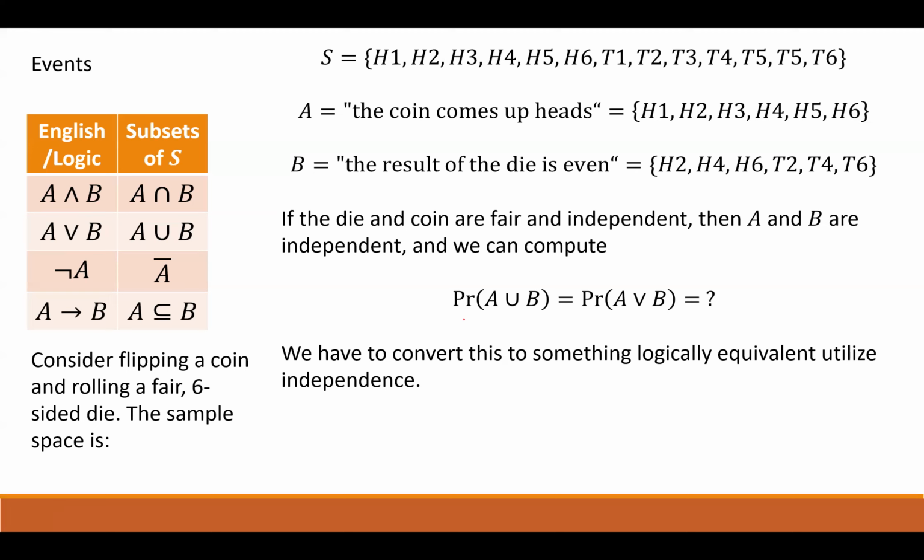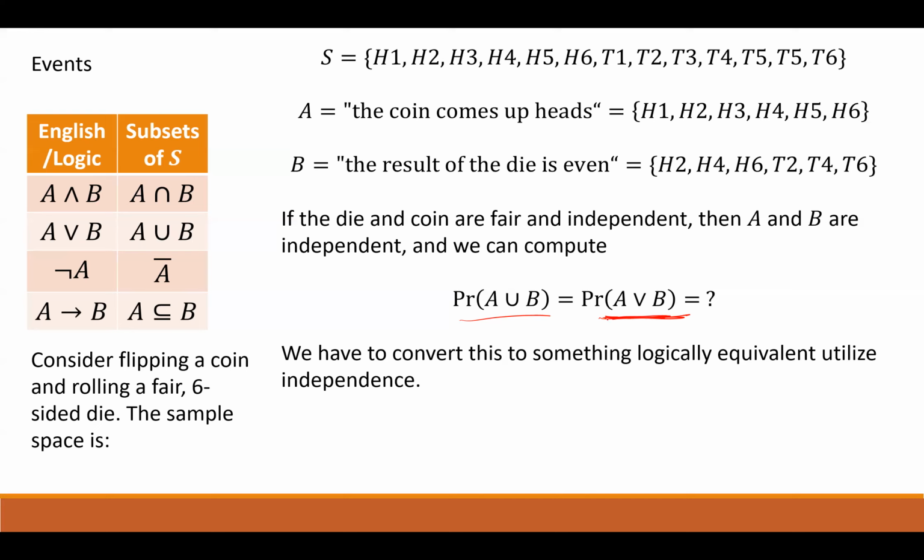If I want to take A union B and convert that to this, taking advantage of independence, that's not quite so easy. You might be tempted to use the sum rule, but of course, these are not disjoint. Disjoint and independent are 2 different things.